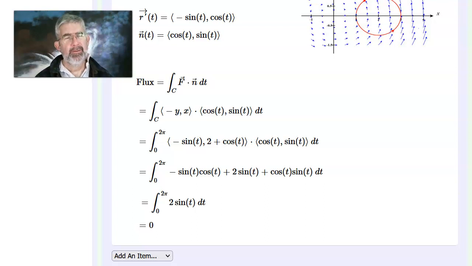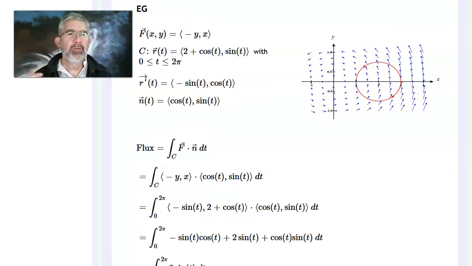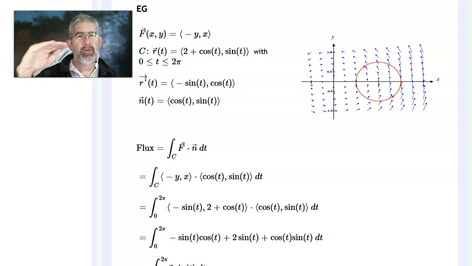Could I have maybe foreseen that the answer would be 0? If you think geometrically, what is flux telling us? If I just have a curve, not a closed curve, and I'm thinking about, say, water flowing across it, some of the water might be going faster, some slower, some might be going sideways through it.